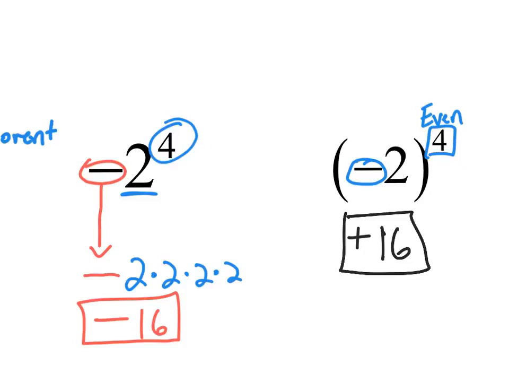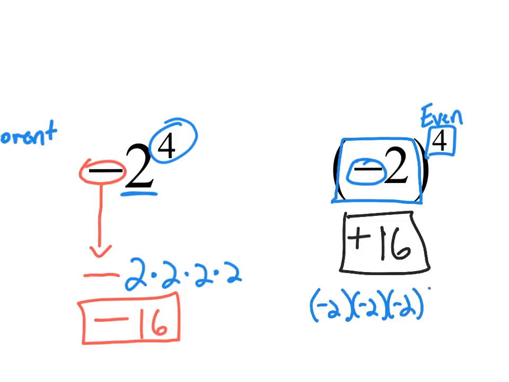Now, why is it positive? You've been wondering. Well, I should show you the long way after showing you the shortcut. If you do it the long way, you have to multiply everything inside the parentheses by itself 4 times. I'm just going to write it down so you can see it. Negative 2 in parentheses times negative 2 times negative 2 times negative 2.